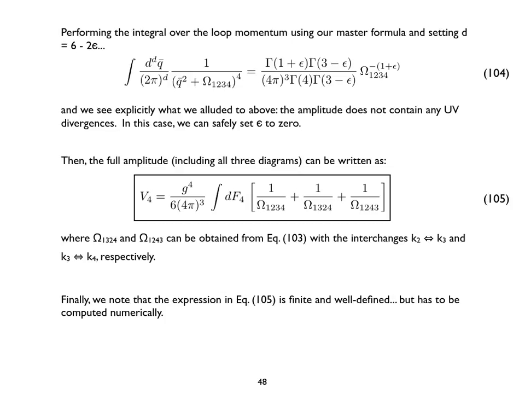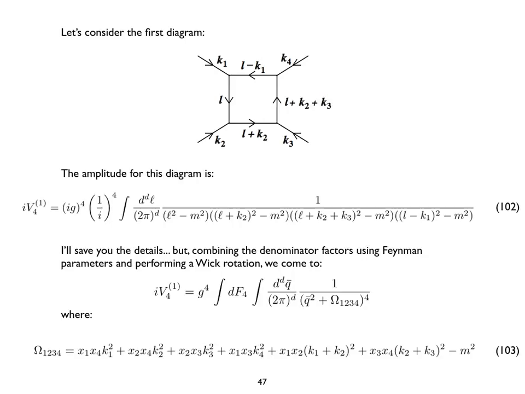So here's the second diagram and the third diagram. I've switched: wherever I have 2, I replace it with 3 and vice versa. And here I do another switch. This factor is 6. Anybody know where that comes from? Symmetry factor, because it's a loop diagram.